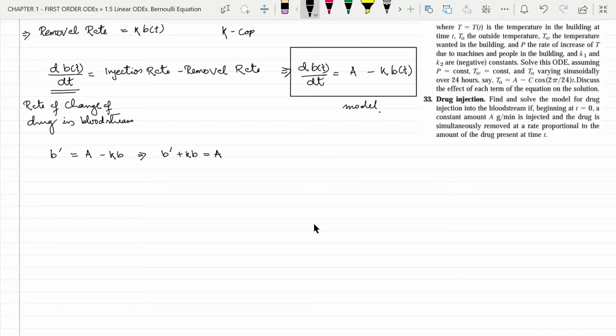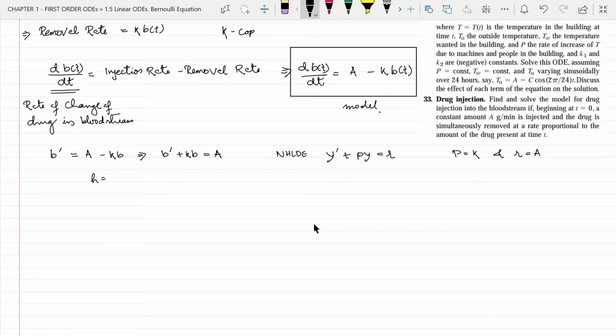And if we compare this with the standard form of non-homogeneous linear differential equation, which was y dash plus py equal to r, then we have p equal to k and r equal to a.